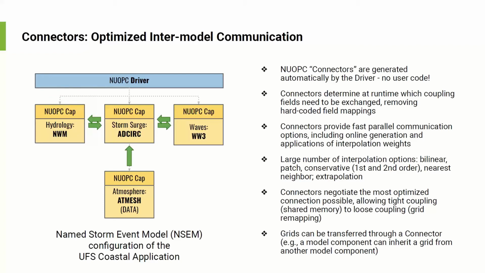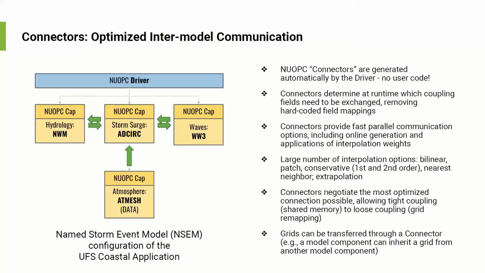The connectors leverage the ESMF regridding and redistribution behind the scenes. So you get all the interpolation options that are built in with ESMF. Connectors also have a negotiation phase at the beginning where the most optimized connection is determined during initialization time.